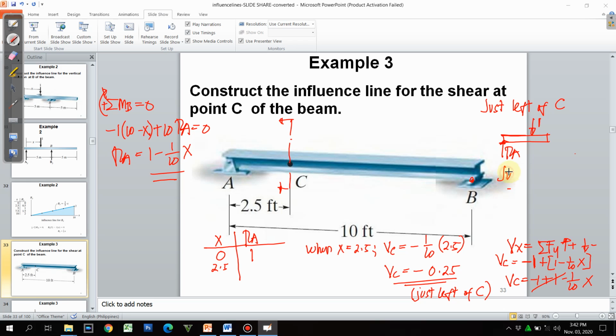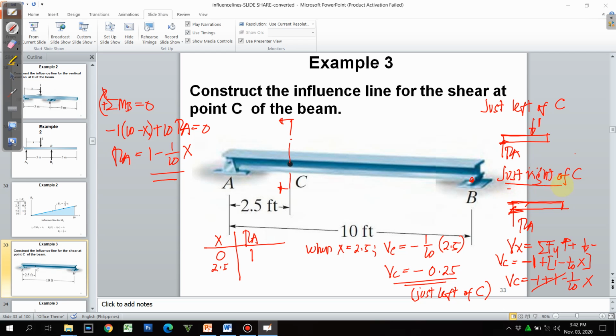However, if it moves just right of point C, your section would be RA, and your 1 has jumped to segment CB.